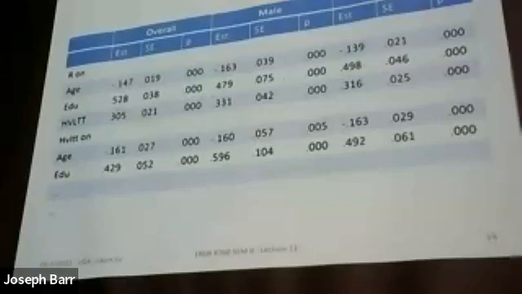R on EDU, this value is 0.5, but for male, it's 0.4. This is 0.48. So how come if we run the overall, R on EDU is larger than both coefficients, factor loadings?